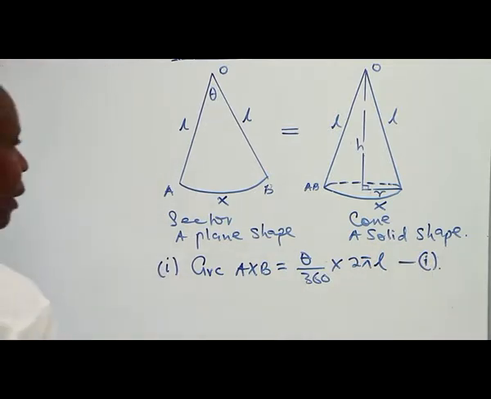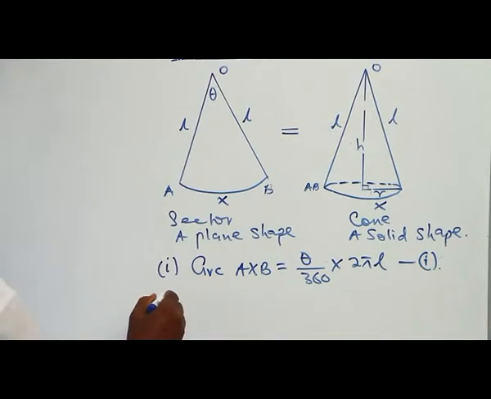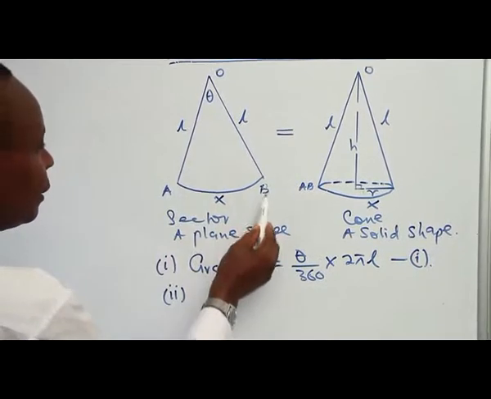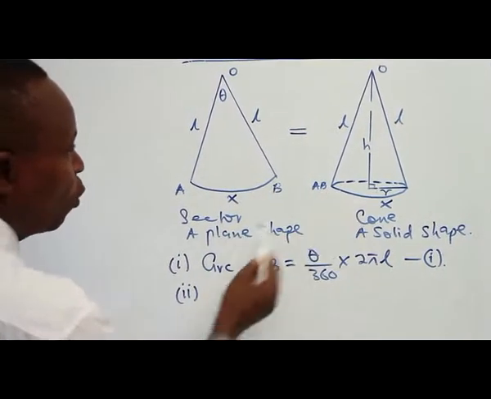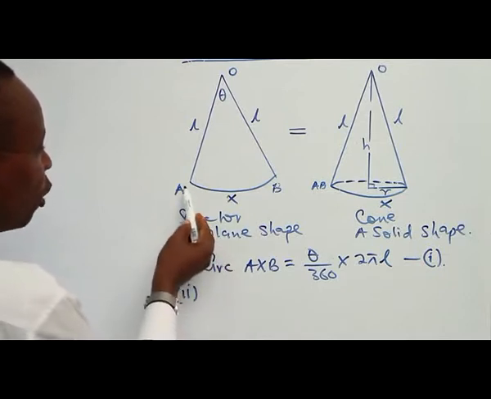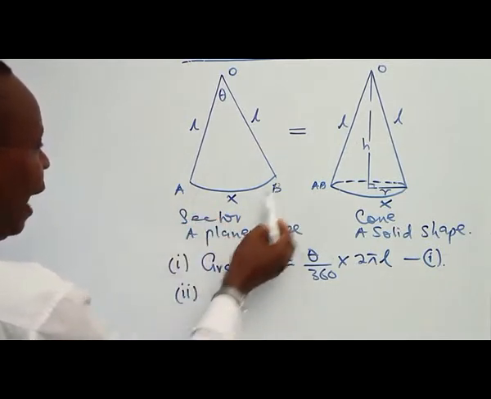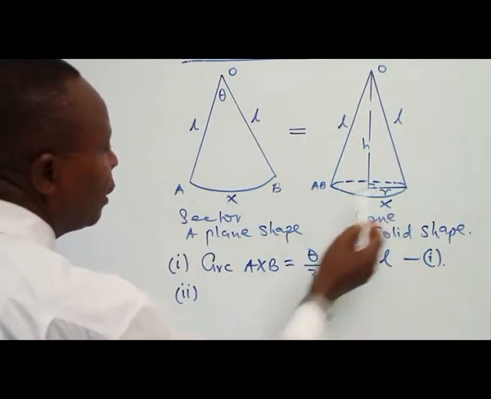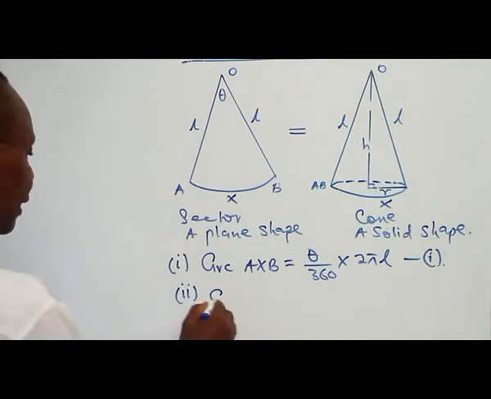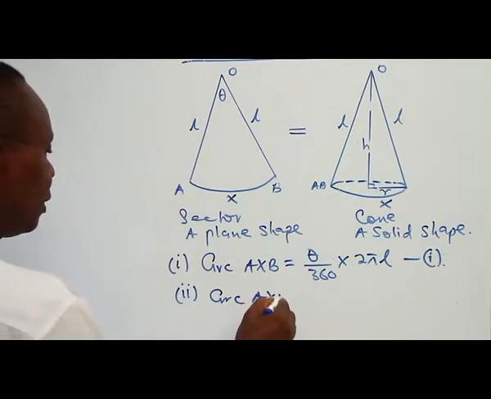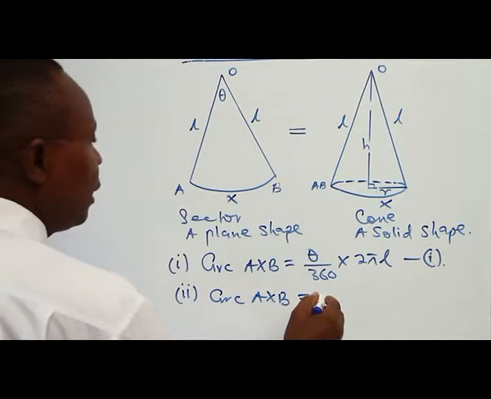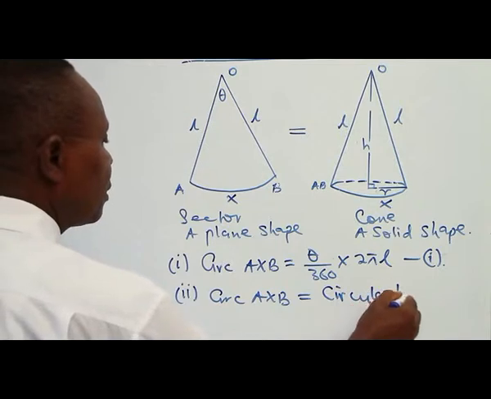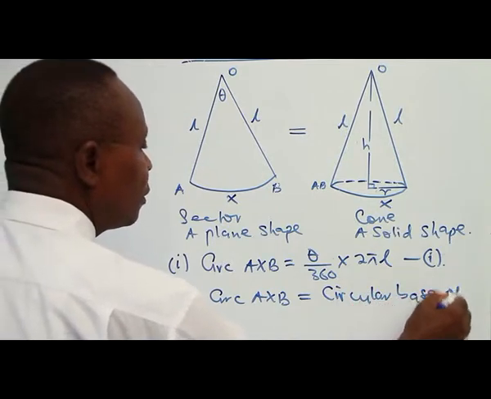Then, what next? We discover again from here that when you fold the sector to form the cone, the arc is equivalent to the circle, the base of the cone. So we have that arc ASB is equal to the circular base of the cone.